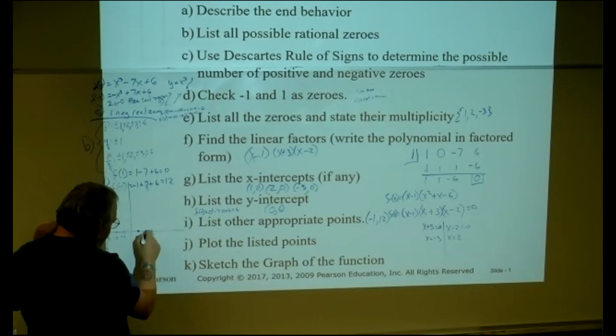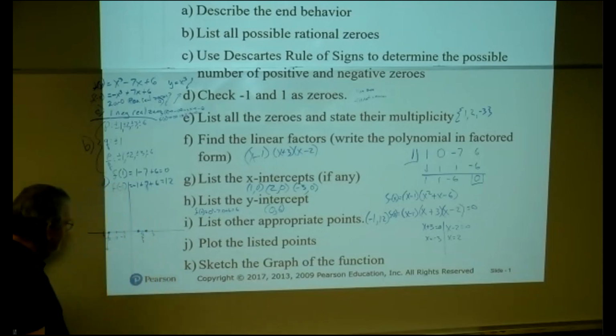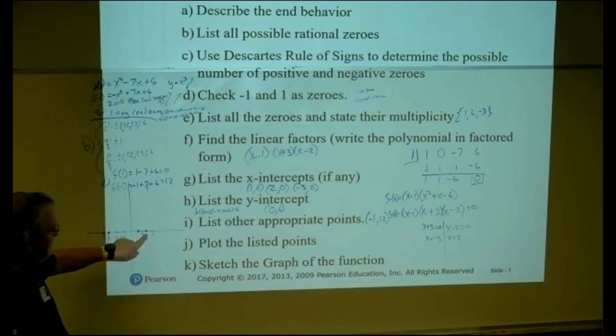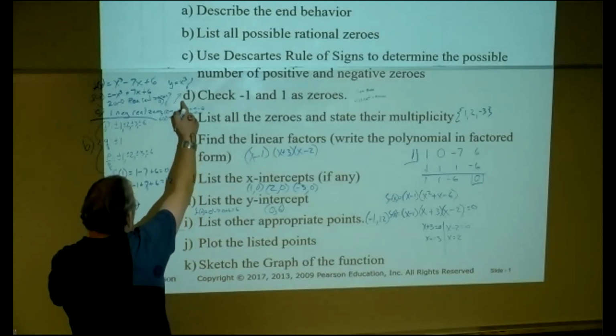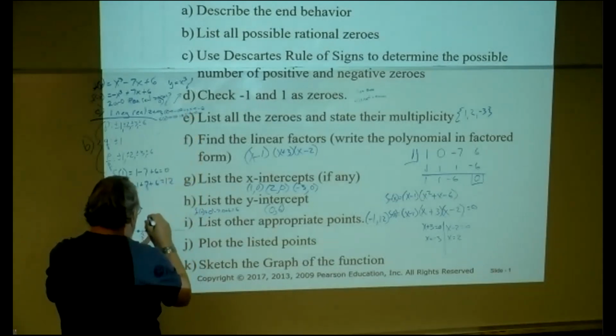And I'm also going to look at what happens at 1.5. I would use 3/2 in this case. And since 2 is the furthest right of our x-intercepts, that means to the right of this point the function is going up. So that graph will go up this way.